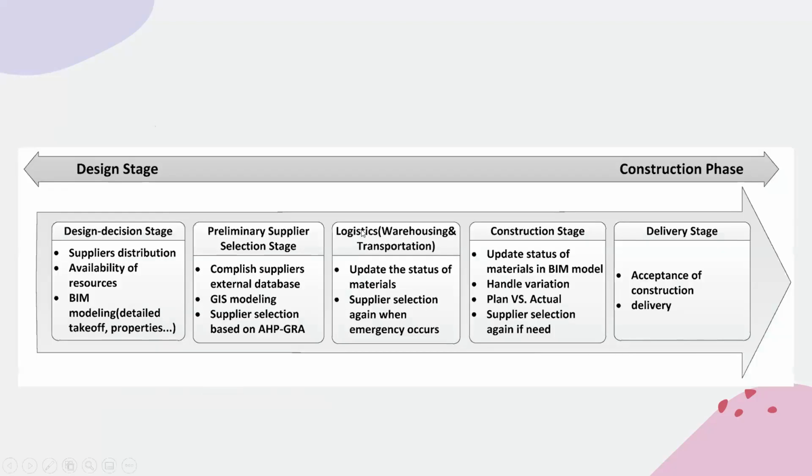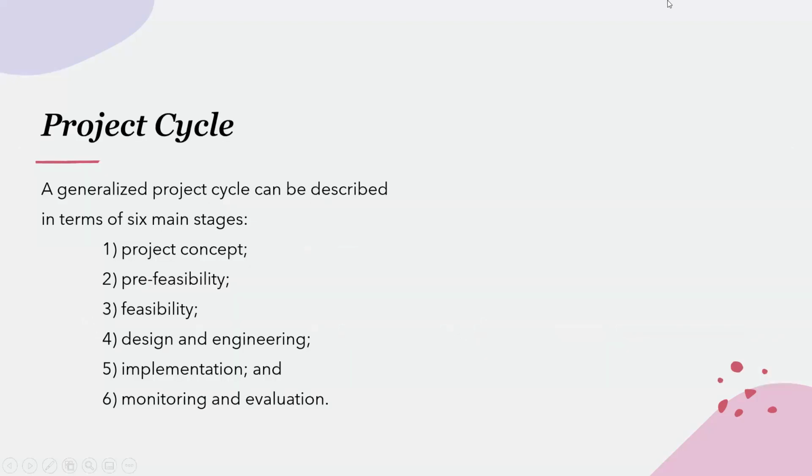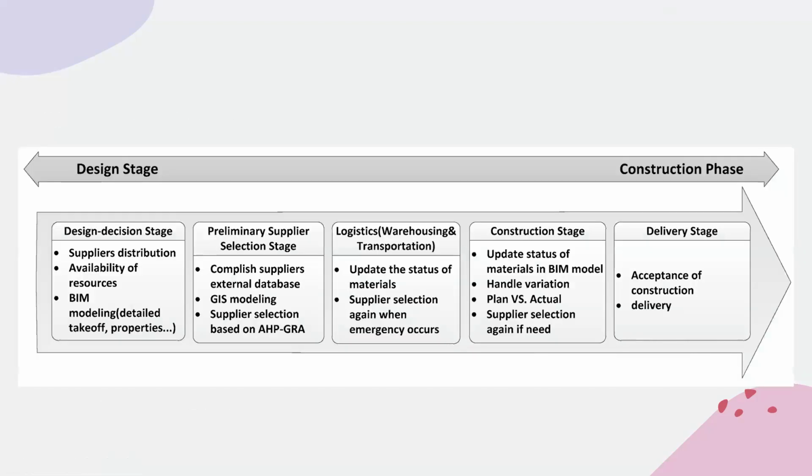Okay. So you can see in this diagram how the design stage and the construction stage of a project are related. On the left side, you have the design stage. On the right side, you have the construction phase. In the design stage, we mainly take the design decisions and the preliminary supplier selection takes place.